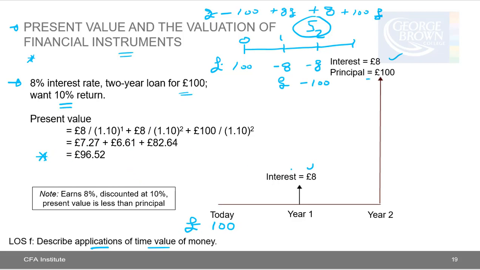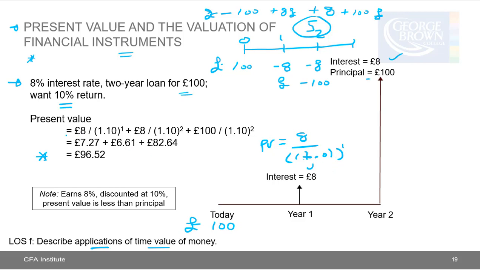So you can see here, the first cash flow, we would calculate the present value. The present value equals the future value, the £8 divided by 1 plus the interest rate. So that's 1 plus 0.1 to the power of 1.